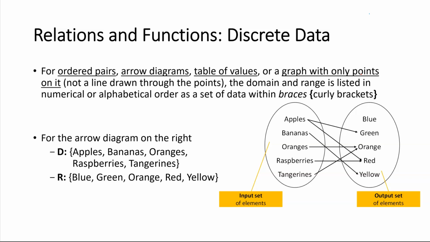So if I was to list the domain and range for that relation in the arrow diagram, I would just list all those elements in alphabetical order, and I do it within the braces, within the curly brackets. For the range, the same thing. Alphabetical order within a set of braces.